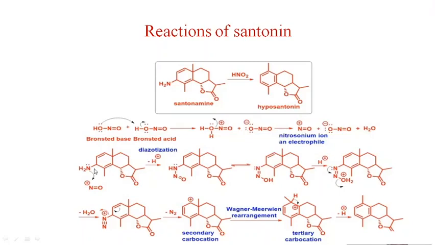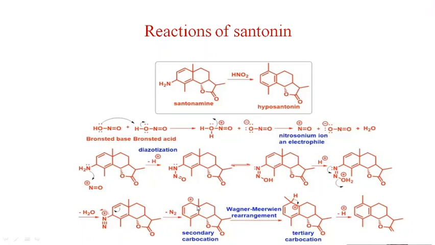This nitrosonium ion reacts with amine here, resulting in the diazotization process. As you can see, these are all the diazotization steps. Finally, this nitrogen is a very good leaving group, it expels out from the compound, resulting in the formation of a secondary carbocation.